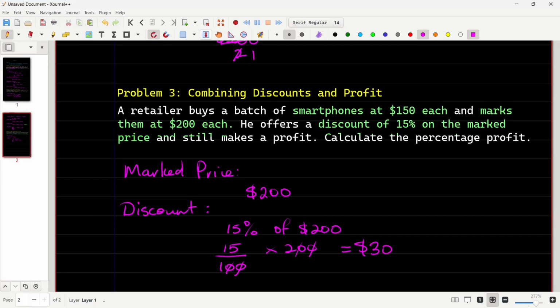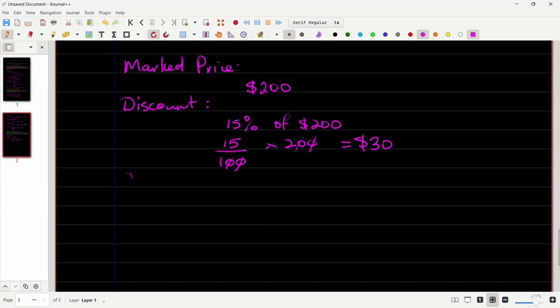All right, so then that means we are getting a selling price. So selling price is going to be that $200 minus that $30, and we're getting $170.